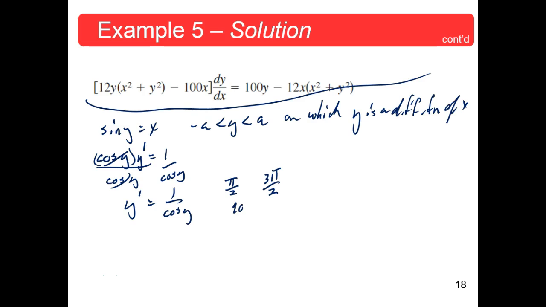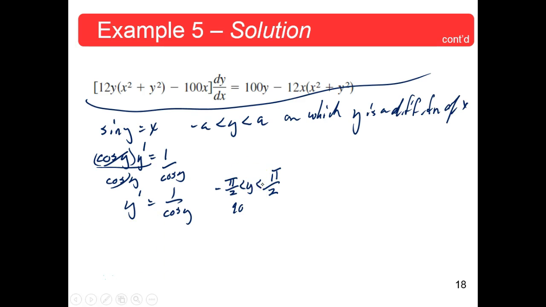So what would be a negative a and a you could have over which that's defined? Negative pi over 2 to pi over 2, I think you have it. Wait, it'd be pi over 2, not the 3 pi over 2? Yes, I was getting my eraser to erase it. And these would be the values for y.